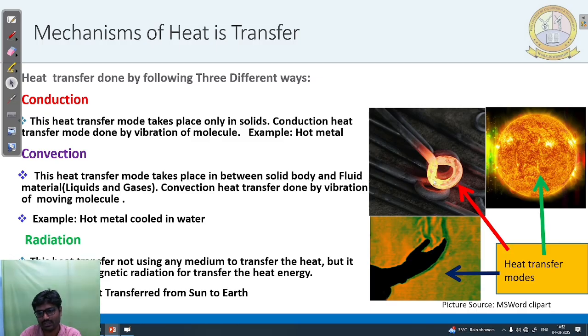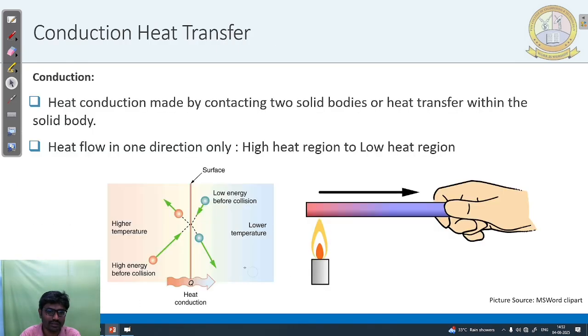Between the sun and the earth we don't have any medium to transfer, only space. So how is it transferred? Because of electromagnetic radiation from the sun reaching the earth, and that type of heat transfer we call radiation.